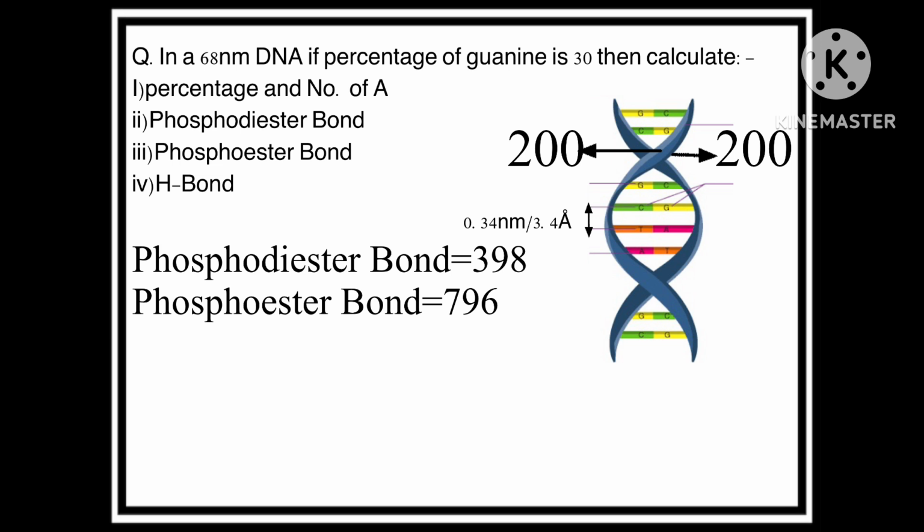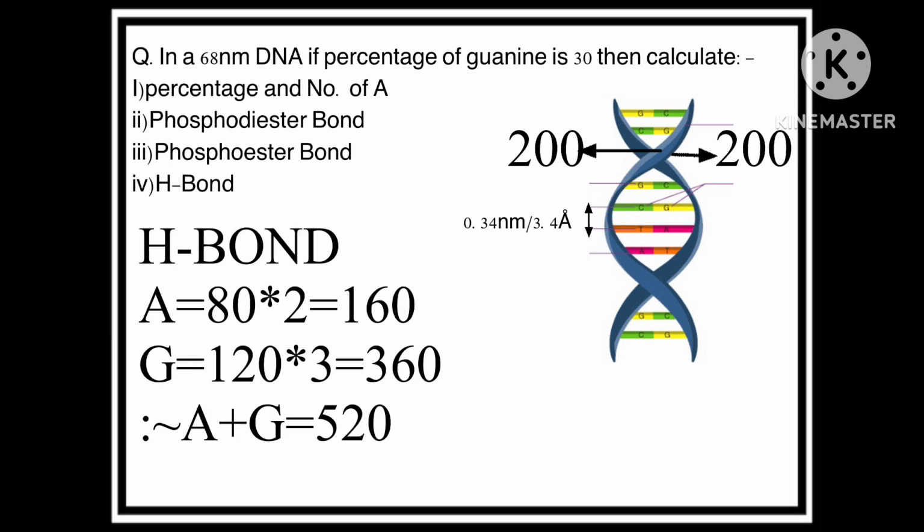So in both chains we have 400 bases combined, and we subtract 2 from the total of 400 and get 398 bonds. If we double this value, 398, by multiplying by 2, we get the phosphoester bonds, which is 796, because there are always 2 phosphoester bonds in one phosphodiester bond.